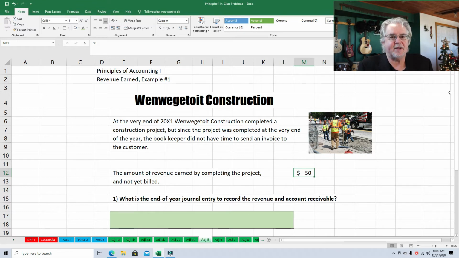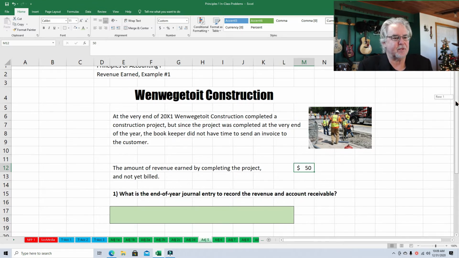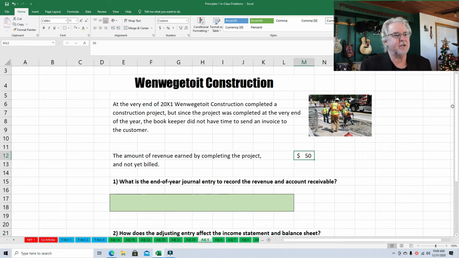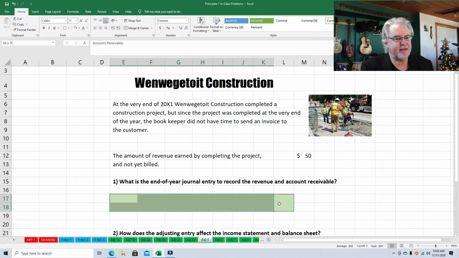So here's what's happening, guys: When We Get To It Construction did their work, they finished the job, they did everything it took to get the job done, and the customer owes them some money. So we're going to record it in the current year, even though it's at the very end of the year. Here's the adjusting entry the accountant would do.